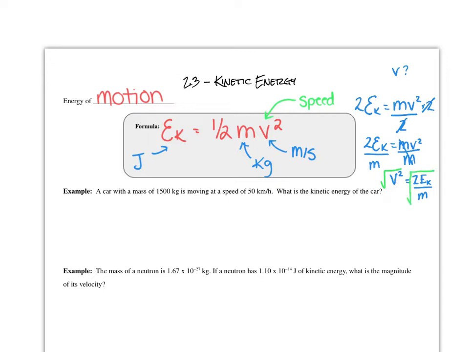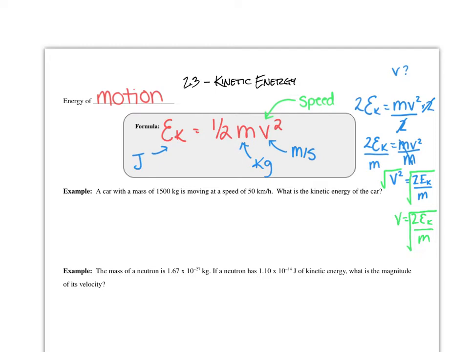And when I square root the right side here, note that I square root this entire fraction. That will give me velocity is equal to 2 times EK all over m, all square rooted.